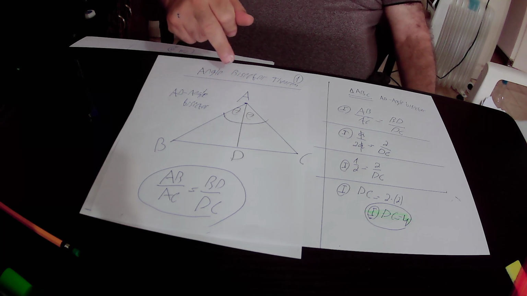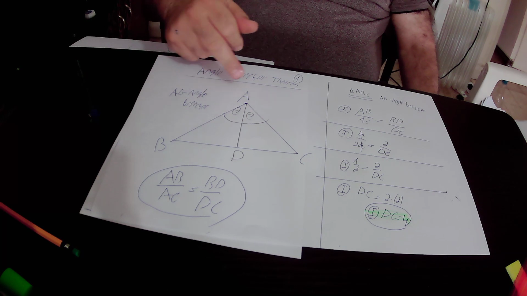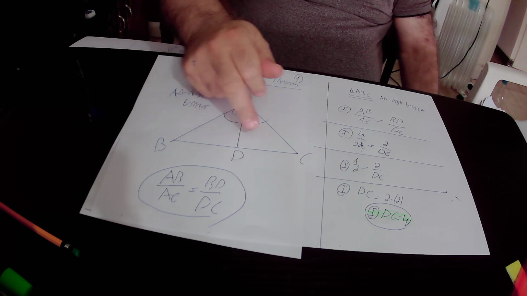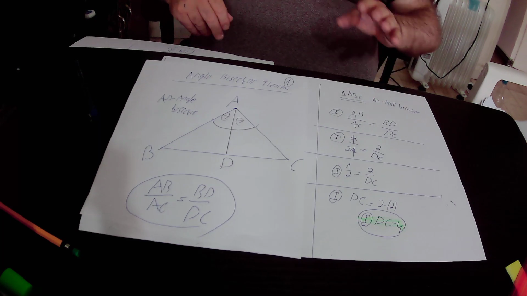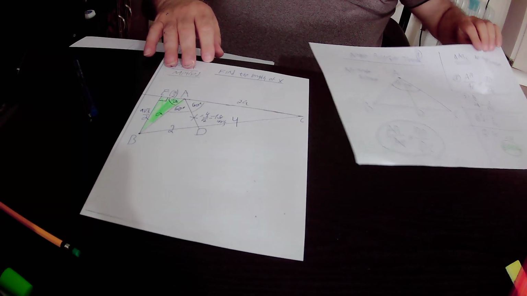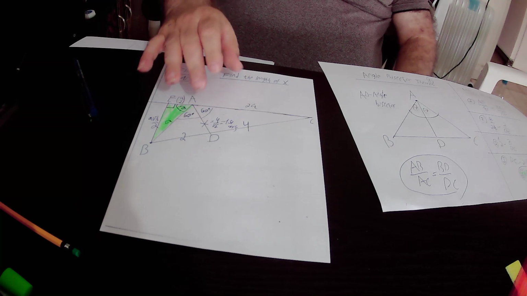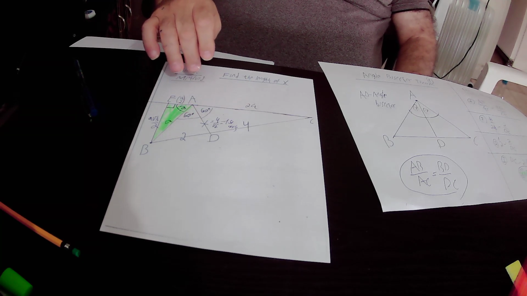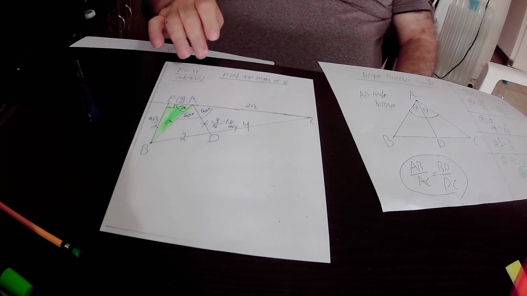According to the angle bisector theorem, we get that AB over AC equals DB over DC. Again, AB over AC equals DB over DC. So we can implement the angle bisector theorem in triangle ABC. Why? Because this triangle ABC has side AD that is the angle bisector.